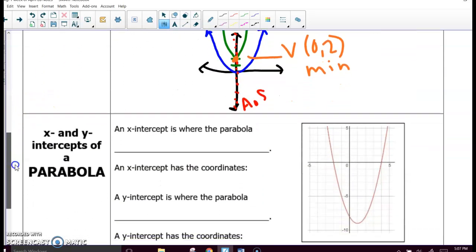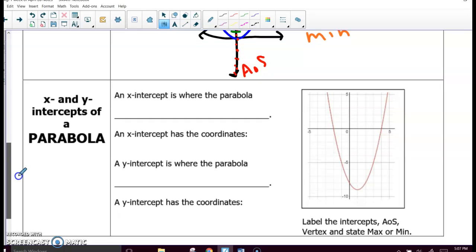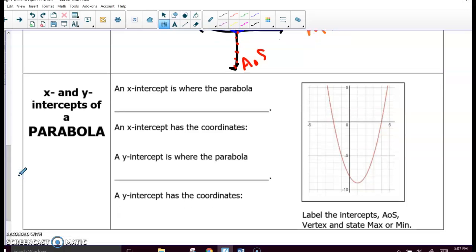Let's talk some more vocabulary. X and Y intercepts. We've already talked Y intercepts this year. Let's talk a little bit more about X intercepts along with Y intercepts. An X intercept is where the parabola crosses the X axis.